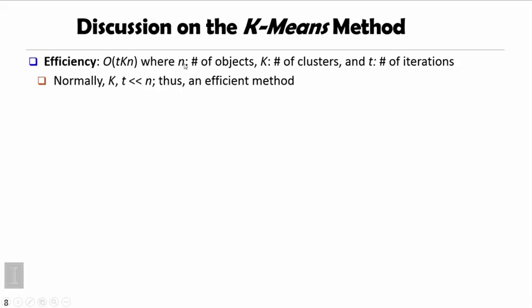That's why it's n times k. In total, you have t iterations. That's why the computational complexity is O(tkn). Usually k and t, the number of clusters and the number of iterations, are far smaller than the number of objects n. So even if n is quite big, the complexity is essentially linear in n, the number of objects. That's an efficient algorithm.